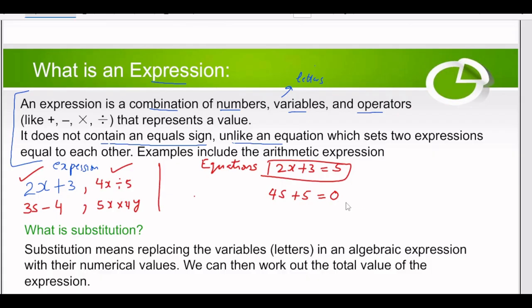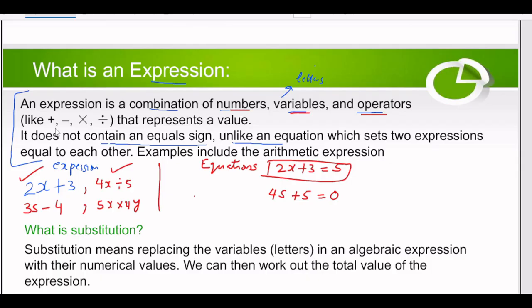So this becomes an equation. Let me go back. An expression is a combination of numbers, variables and operators with the plus, minus, multiplication and division signs. They do not involve an equal sign. So that is an expression.